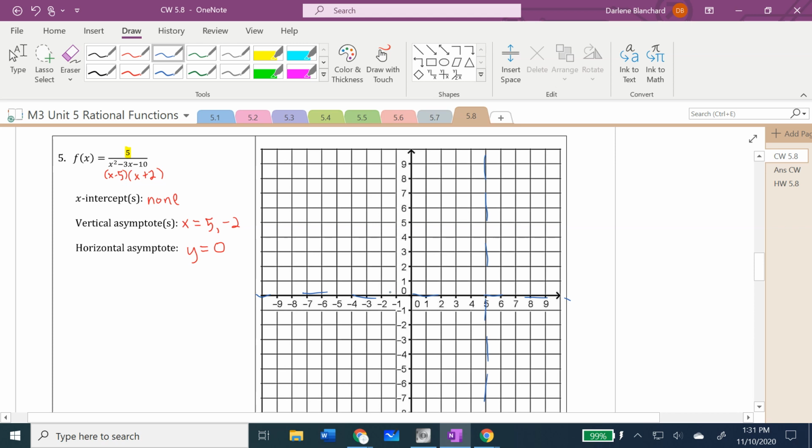So I'm drawing the asymptotes. I can quickly find where this graph is if I do a number line. So if I do a number line and I'm saying like the f of x values are undefined, you get vertical asymptotes at -2 and at 5. It is never equal to 0. These are the only x values where I can change my sign. Have you noticed that most of the time you go back and forth between positive and negative?